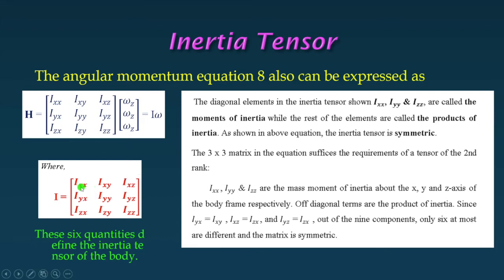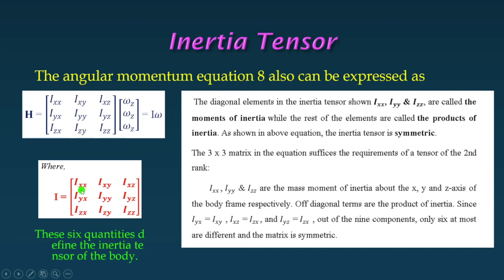So what is a tensor? To differentiate all these quantities, or 9 components of I, we have to use 2 subscripts: xx, xy, xz, means at a time 2 subscripts are required.